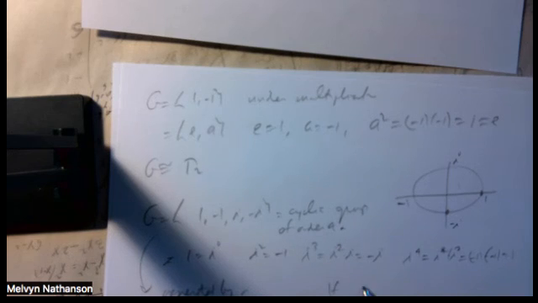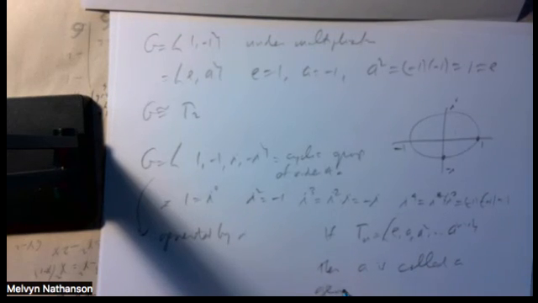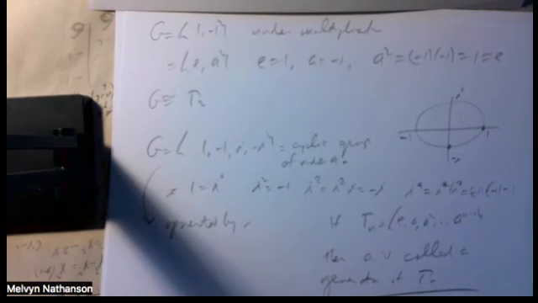Okay. If gamma n is E, A, A squared, up to A to the n minus 1, this is a cyclic group of order n, then A is called a generator of gamma n. You can use any symbol for A, B, C, X, or in this case, even the number I, the complex number I. So a cyclic group of order n generated by A is all powers of A with the constraint that A to the n brings you back to the identity.